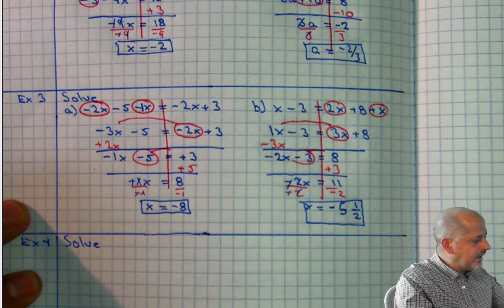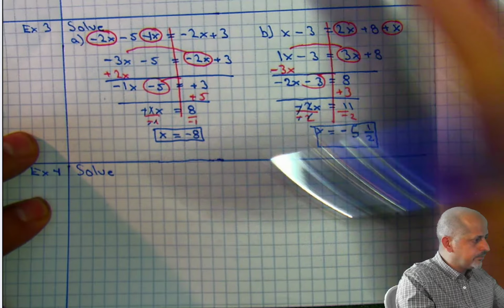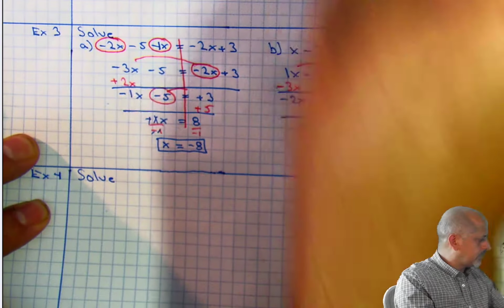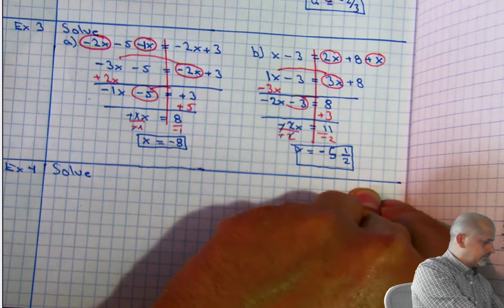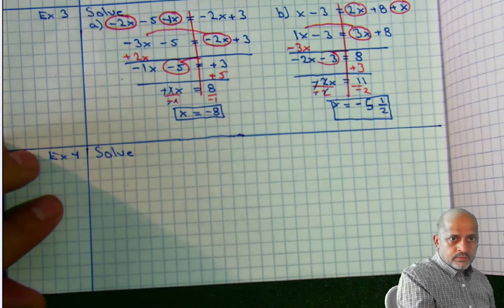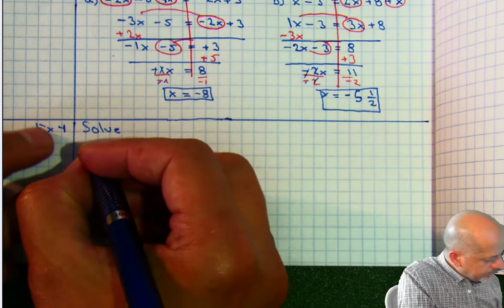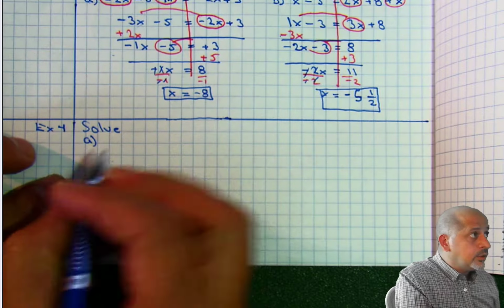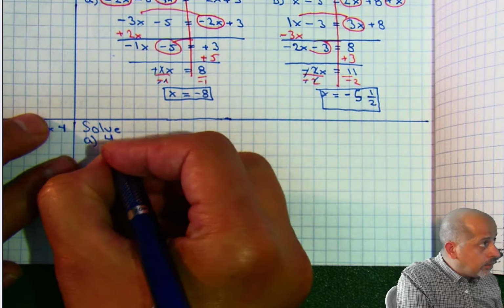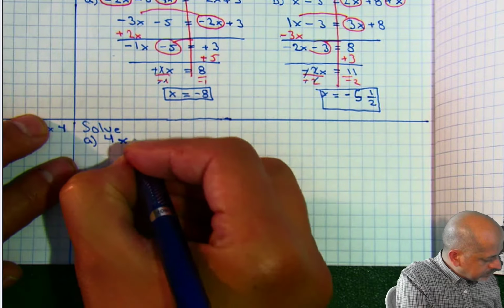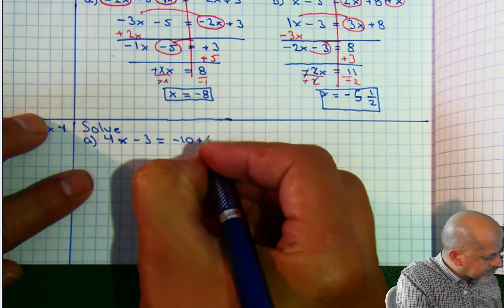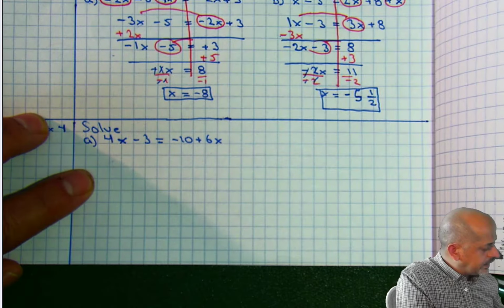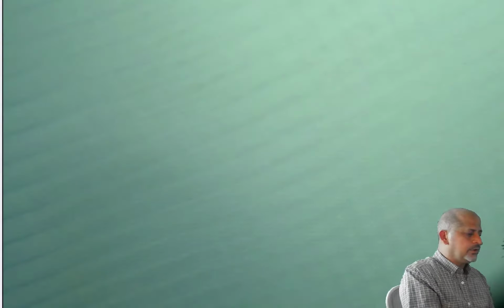And we have A and we have B. We have A: 4x minus 3 equal to negative 10 plus 6x. And we also have B. So we just go and fold it, make it a bit easier for me.